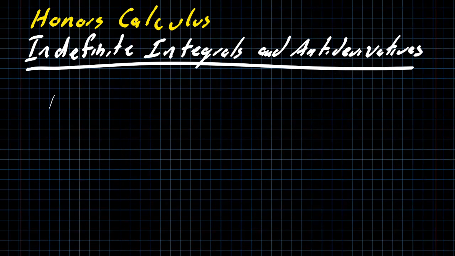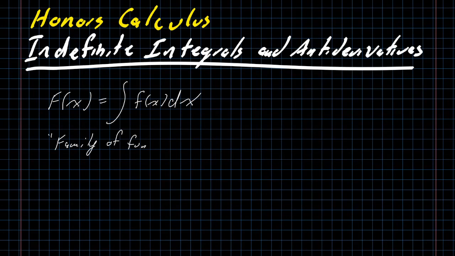If I define some function capital F of x as the indefinite integral of little f of x dx, first of all, the thing to remember here is that I don't get a single function.